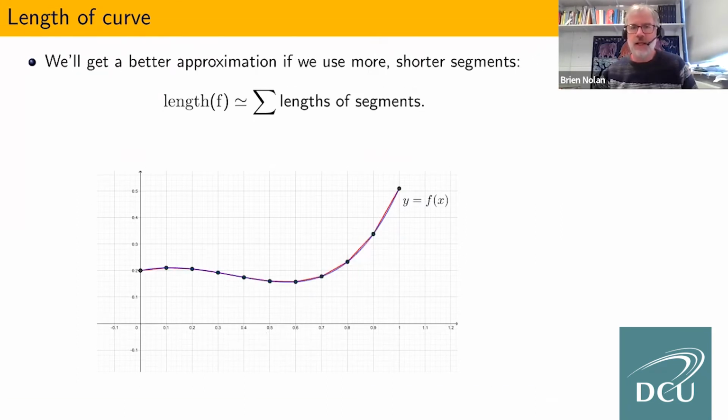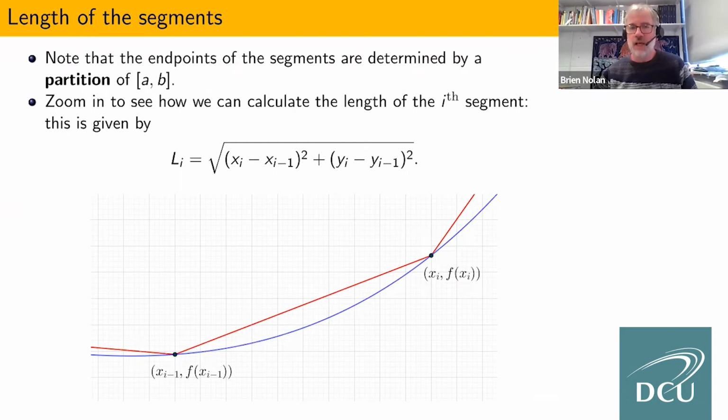The other thing then is to ask ourselves: if I take one of those straight line segments, what actually is its length? Here's a zoomed in picture of one of these straight line segments. It stretches from one point on the graph to another point on the graph. We have these xi values coming from the partition, and our x-axis is down below.